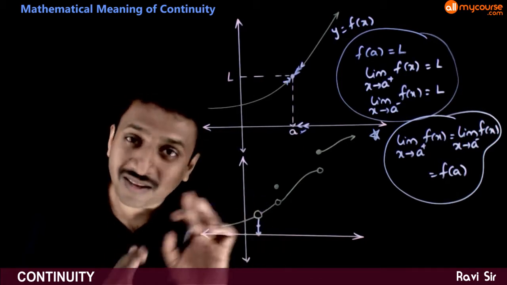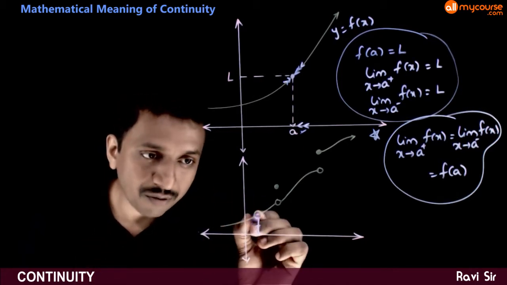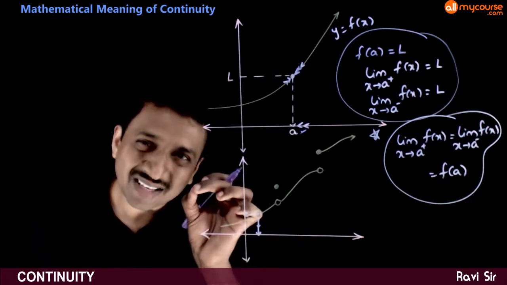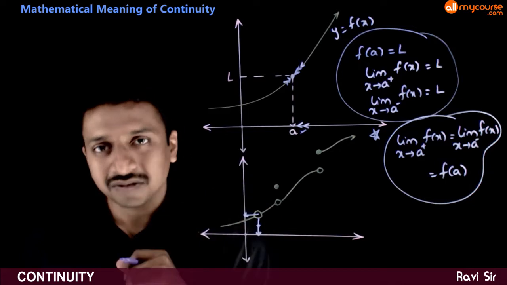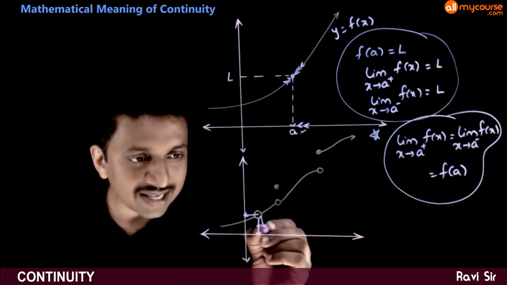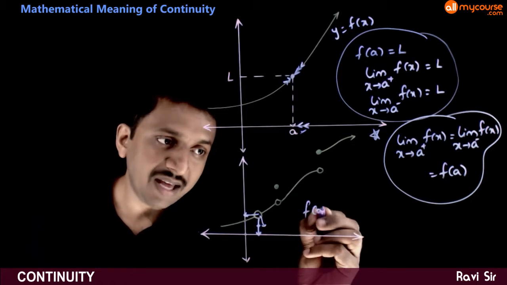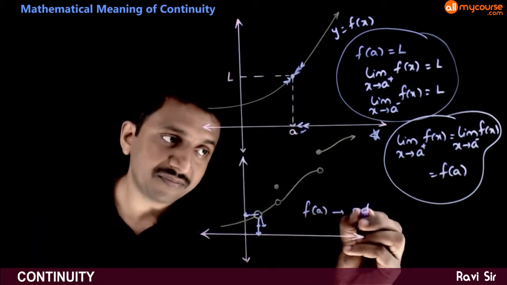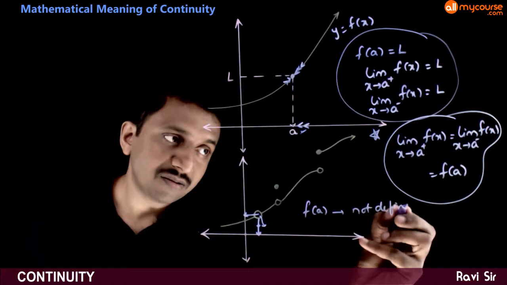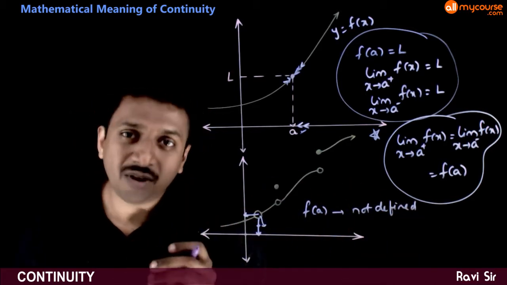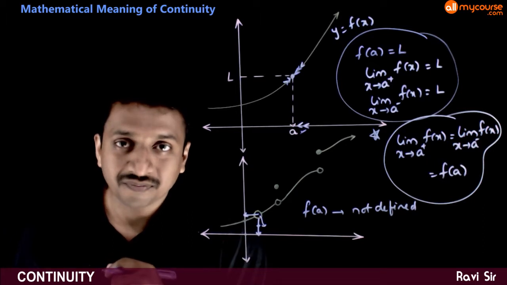Corresponding to this point, there is no image, there is no value of y. The graph comes until this point, it has a small breakage and then it continues. This is one example of discontinuity. So if f of A is not defined, if a function is not defined at any specific point, it will be a point of discontinuity.